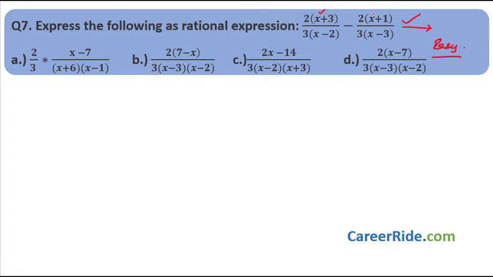But I also told you that I'll try not to make my denominator 0, and I'll assume a safe value of x. When I look at my denominators in the question, it is x minus 2. If I take x to be 2, my denominator will become 0. Now see the next denominator, 3 into x minus 3. If I assume x to be 3, again my denominator will become 0. So I cannot assume it to be 2 or 3.